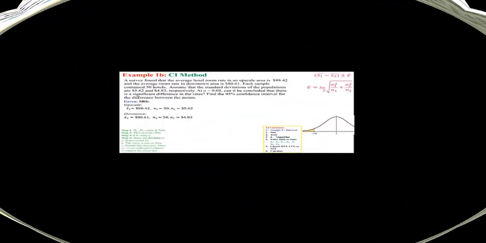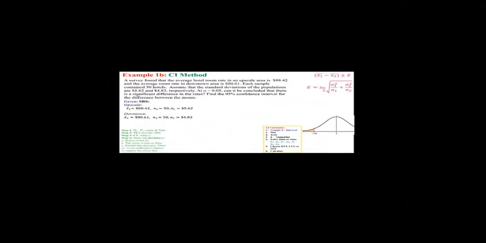So that was the critical value, or the traditional method. As far as the confidence interval is concerned, as I mentioned, look at the top right, the formulas. We need x1 bar minus x2 bar, which was the numerator of our test statistic. We need the E. E is the product of the denominator of that and Z. Z from the previous page was 1.96.